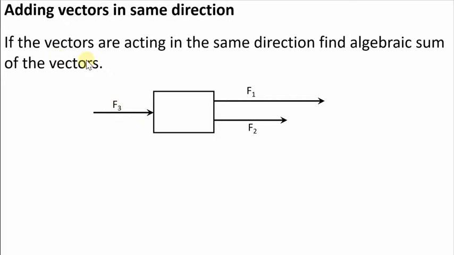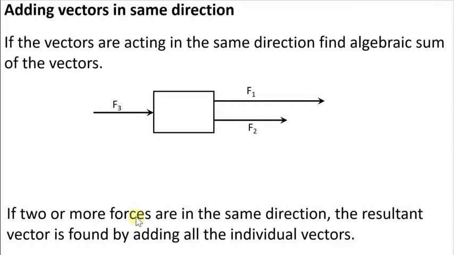We are saying if two or more forces, which are vectors in this case, are in the same direction, you see they are pointing in the same direction, east, east, east, the resultant vector is found by adding all the individual vectors. Like I've already said, find the algebraic sum of the vectors.